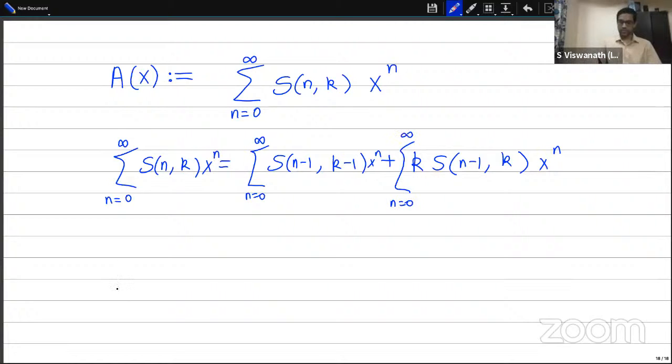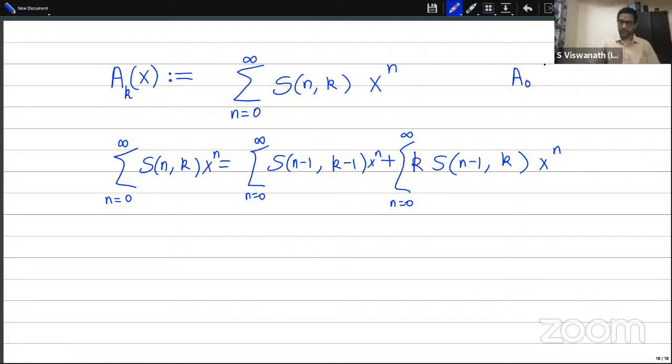Okay, and now what does this give me? Sorry, I should have said something. Remember, I'm fixing k here. So A_k(x) is being fixed in this formula.